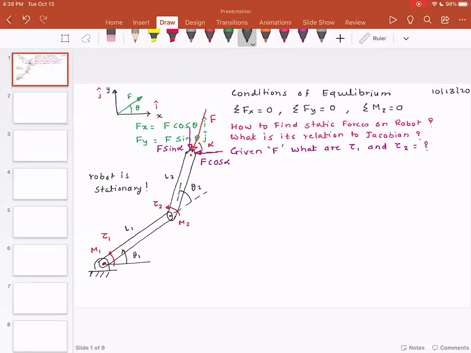But in the next chapter, we will have this robot moving, and we will have to derive the dynamical equations of motion. So this is the statics problem.